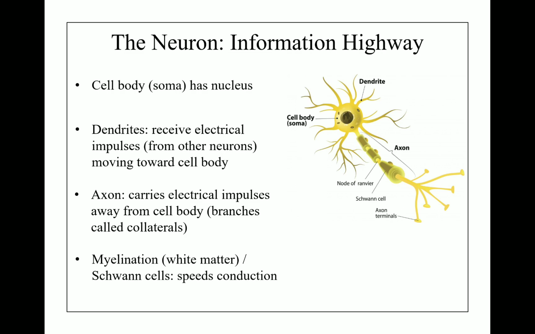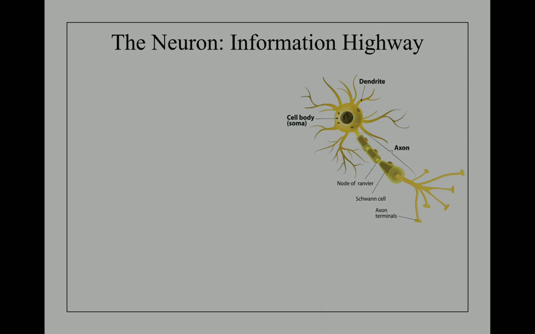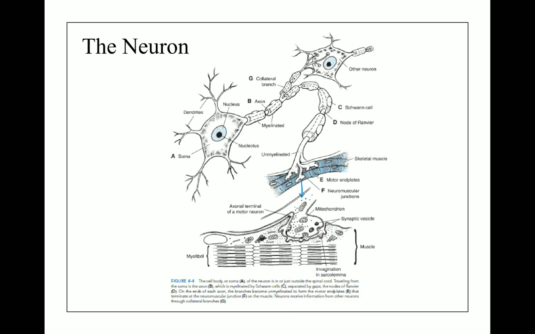We're going to have these dendrites, and we'll go more into depth on this in the next slide. They receive information. We have the cell body with the nucleus of the neuron, and this axon that transmits information away from the cell body. It either brings it to the next neuron in the chain, or it brings it to a skeletal muscle at the neuromuscular junction.